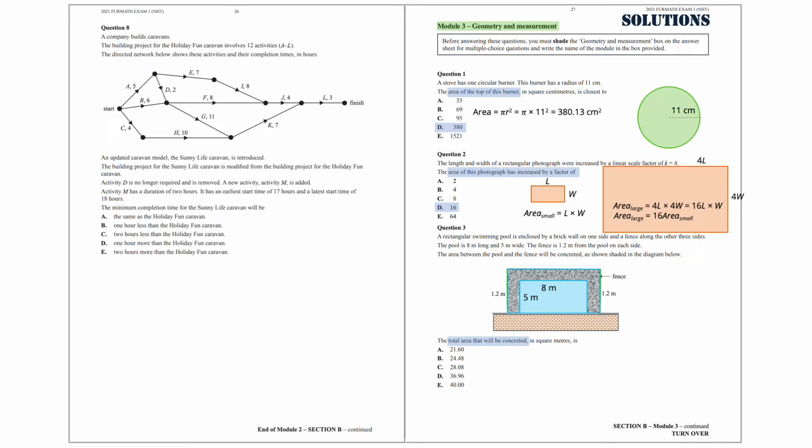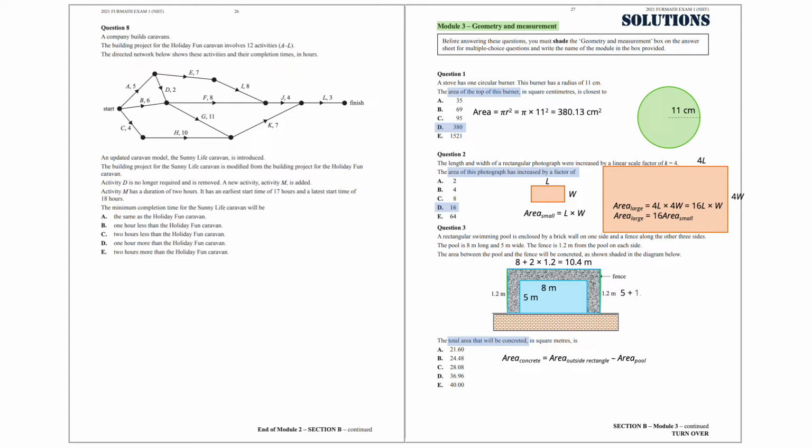The question is asking to calculate the total area that will be concreted in square meters. The area to be concreted is equal to the area of the outside rectangle minus the area of the pool. The length of the outside rectangle is 8 plus 2 times 1.2, which is 10.4 meters.